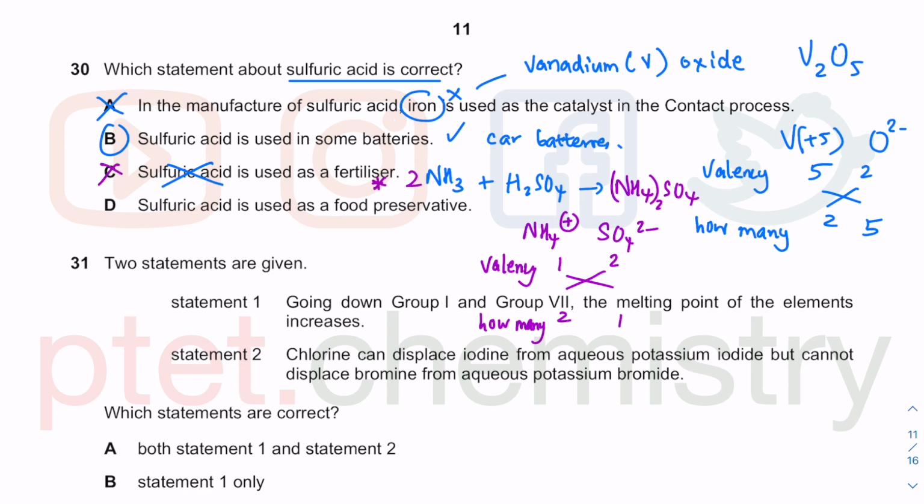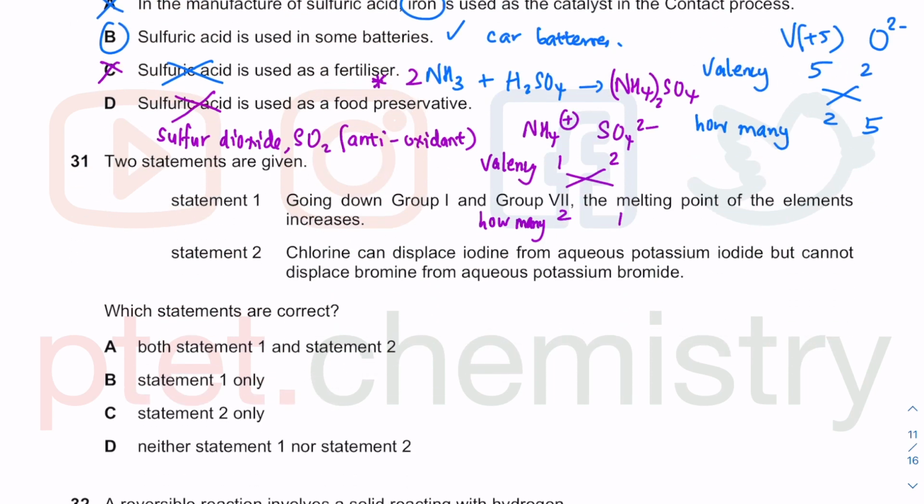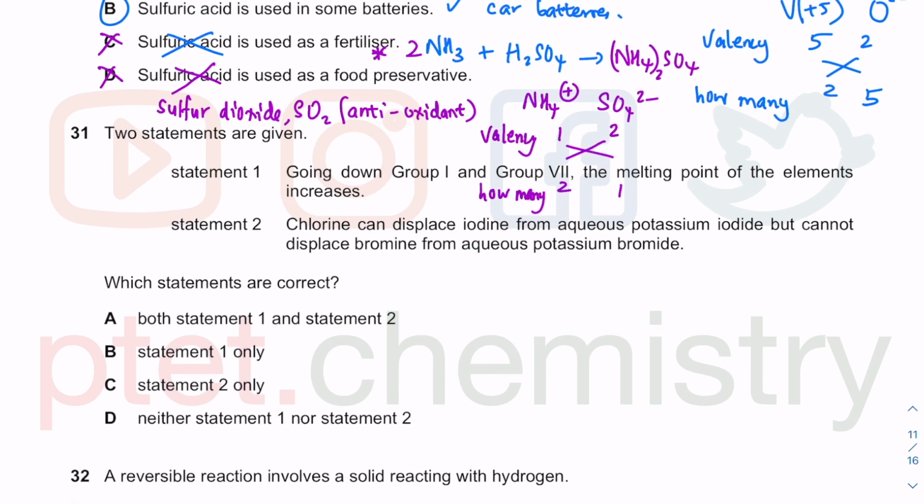Sulfuric acid is not used as a food preservative. Actually, you will use sulfur dioxide, which is SO2. SO2 is very well known as an antioxidant. If you have ever bought dried fruits, they will have in the ingredients permitted sulfur dioxide as an antioxidant, as a food preservative there. Question 31, we have 2 statements.